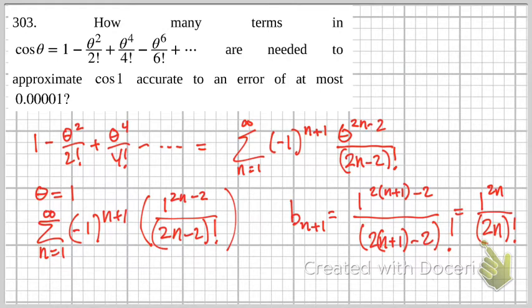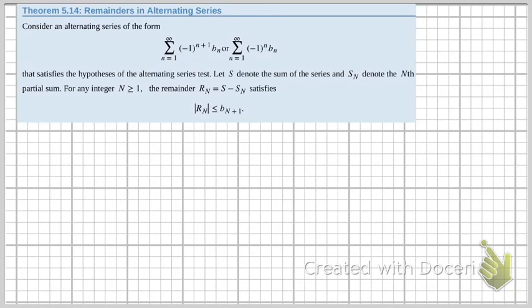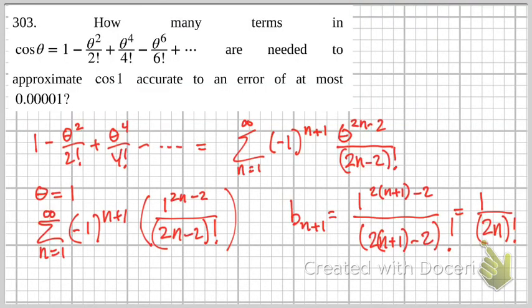And since we're really only talking about finite terms here, we can really just call this 1 over 2 to the n factorial. So now what we're going to do is take a look back over here at this Rn, which is right here. Ours has to be less than this here, and that really is just equal to 1 over 100 million.